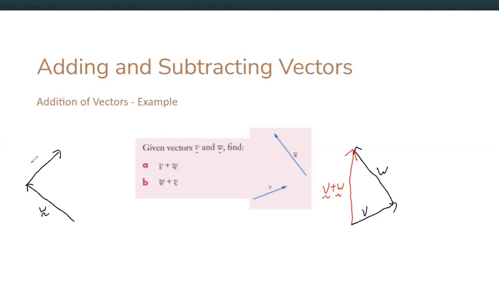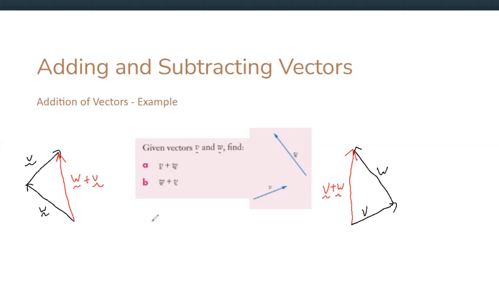And so we're going to go to the bottom of w, and then that's going to go up to the top of v. So we put w plus v. Now we've added the two vectors this way. If you look at these two vectors, they look very similar. In fact, they're the same vector, the two red vectors, the v plus w and the w plus v. It doesn't look perfect here, but that's just because it's a rough sketch.